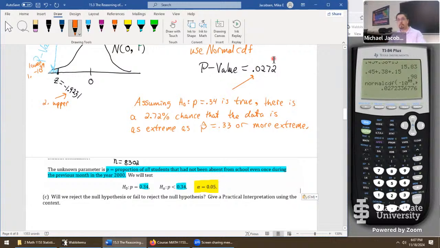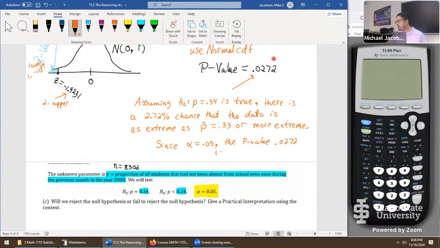So that means 0.0272 is small. Let's say that here. Since alpha equals 0.05, the p-value, 0.0272, is small.